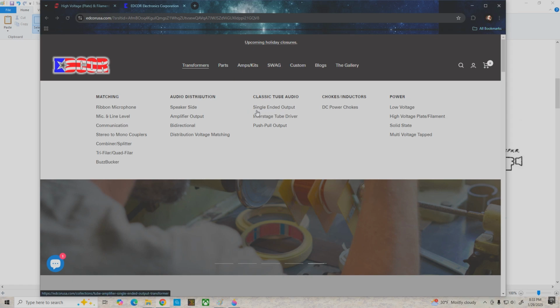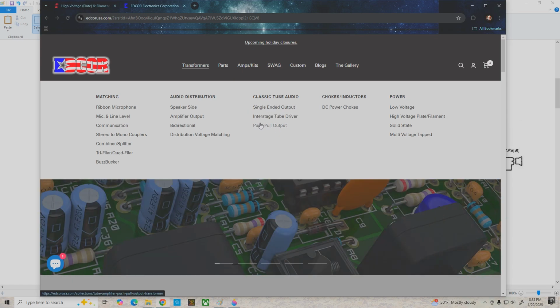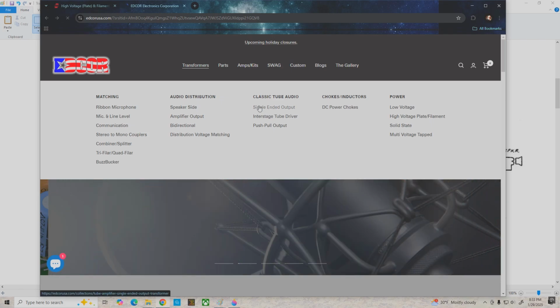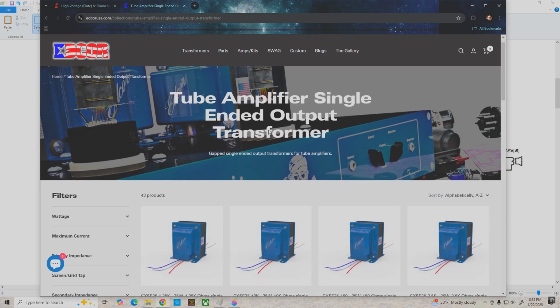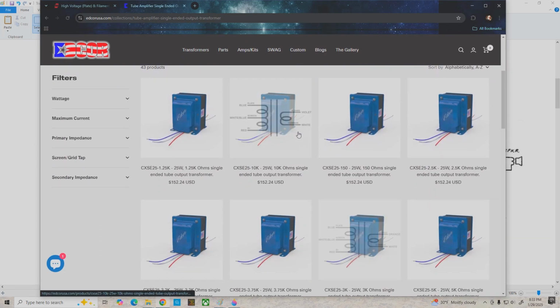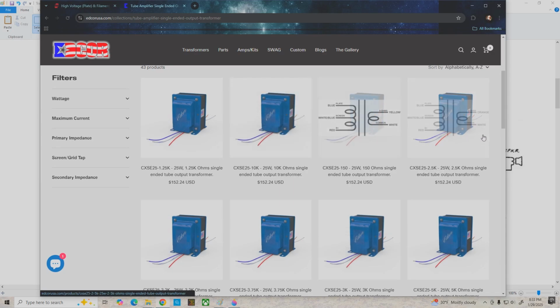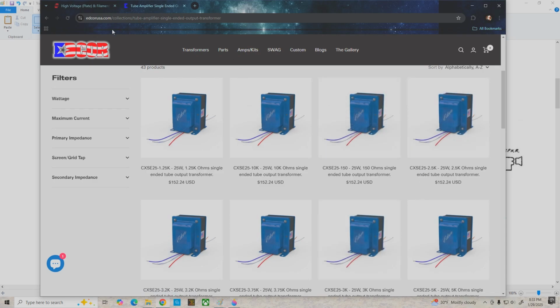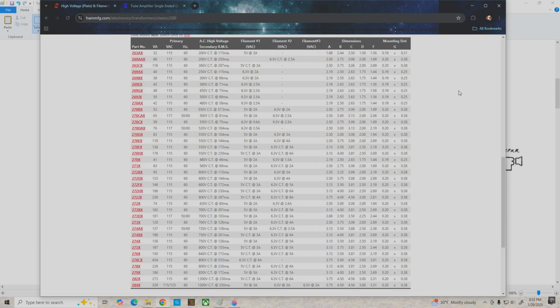We have single-ended output, push-pull output, and power transformers, of course. But if we look at, say, single-ended output transformers for a second, we could just hover on one and it shows us its schematic and so on. So this is a good source for power transformers as well as Hammond.